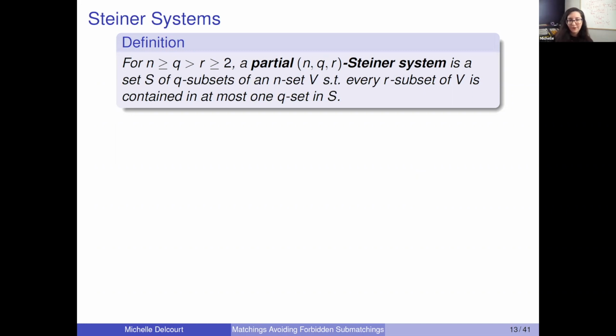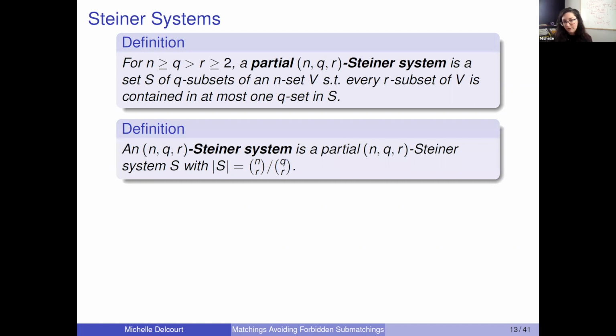I'll do an example in a second. The partial ones are collections of Q-element subsets, and the largest possible ones are going to be full Steiner systems, or just (N,Q,R) Steiner systems, the ones that contain the largest number of Q-element subsets that they could, N choose R over Q choose R.